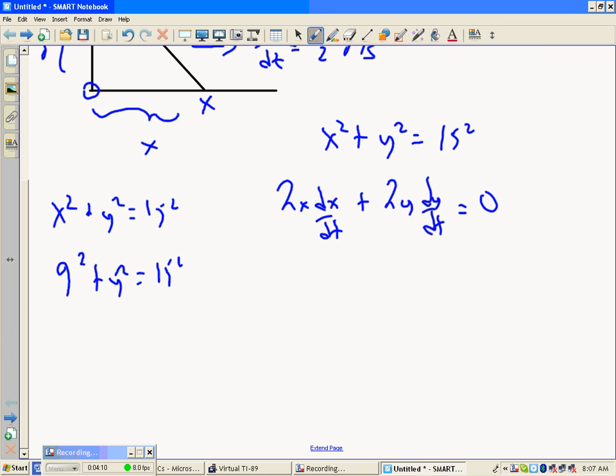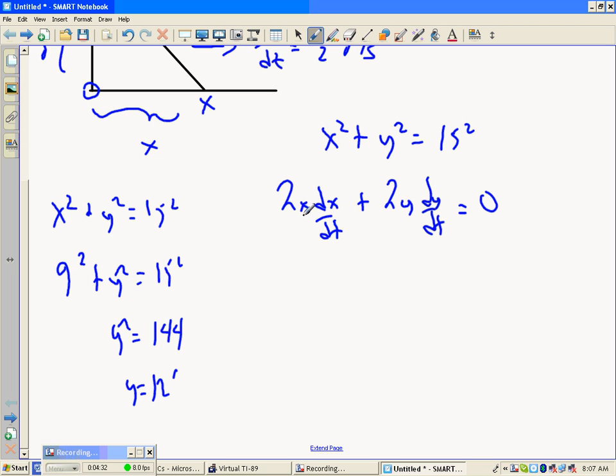So how do you get Y? Subtract: 225 minus 81. Y squared is 144. And that's convenient because Y is then 12 feet. Remember we're taking principal roots here because Y is the side of a triangle. We're not using negative Y's.